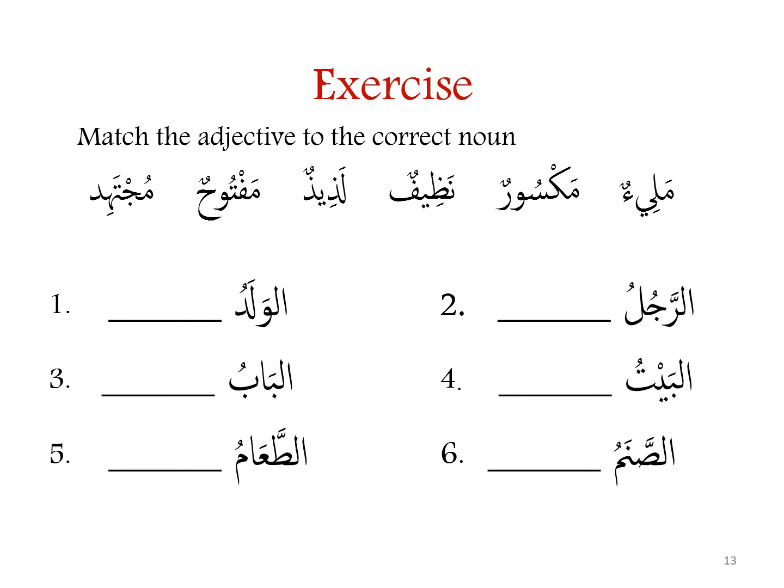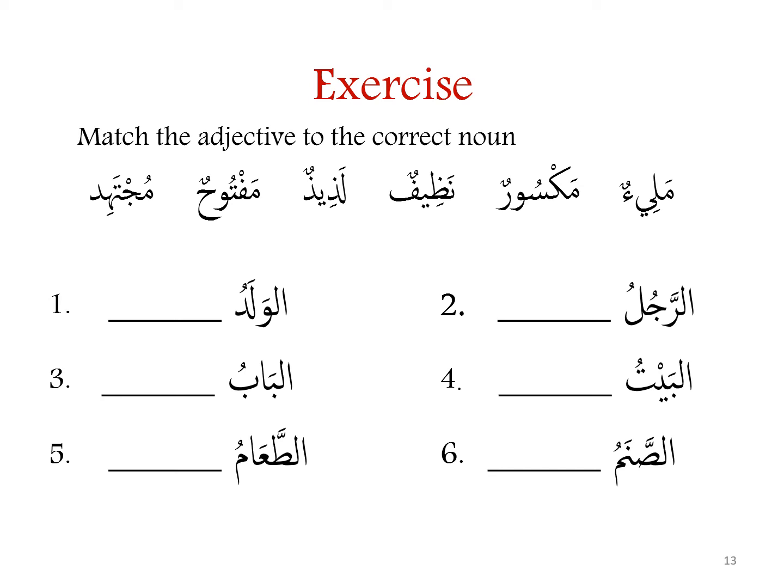So here's an exercise for you to do. We have some definite or ma'rifah nouns here, and we want to choose a specific adjective or sifa to match. Now, naturally, in any language, any sifa or adjective that you use to describe something needs to match in meaning.